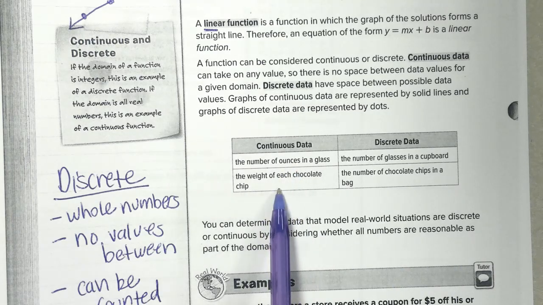The weight of a chocolate chip, okay? Again, when they're making those in the factory, the goal is to get everything a perfect size, but as they're making them, they're dropping the chocolate down, and so the weight of it is not going to be a perfect number. It's not going to be exactly 1, 2, 3.